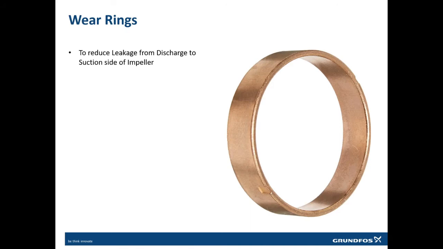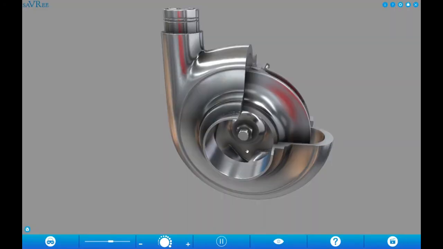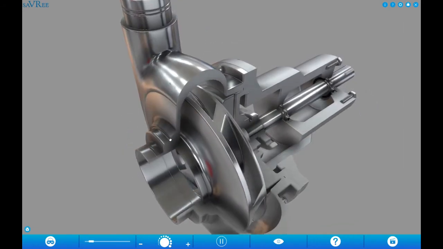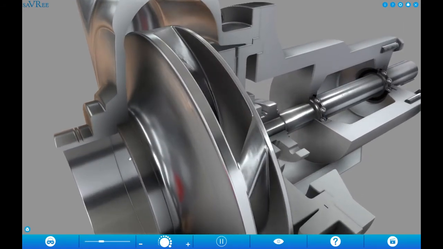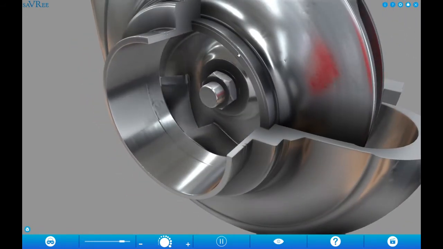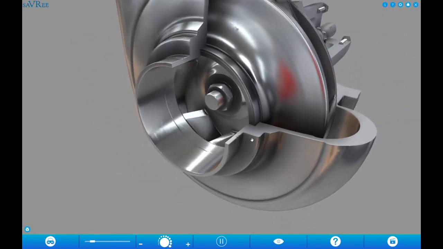The next one is the wear ring. Now what is a wear ring? A wear ring is a small circular ring which is installed exactly at this point. If you can see here, there's an additional ring. What does this ring do?